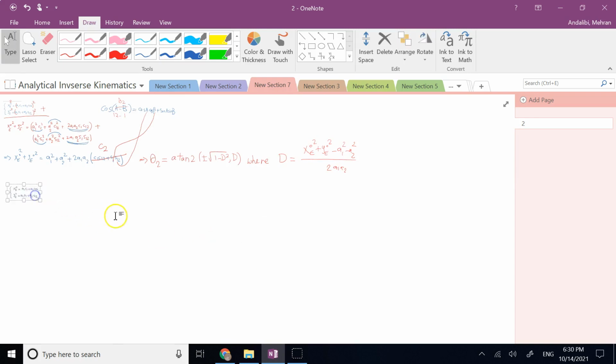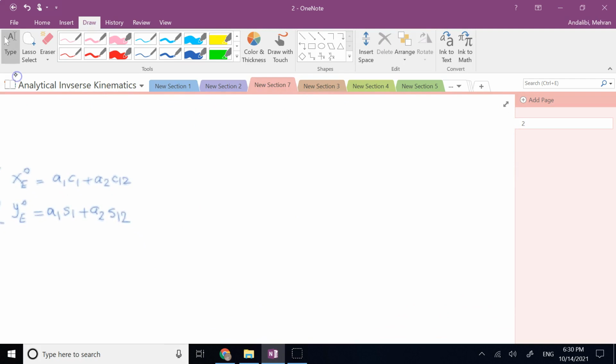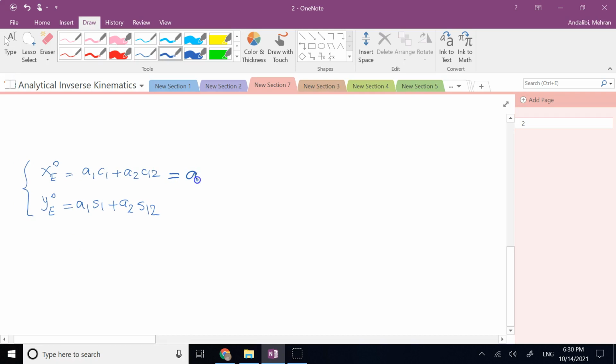This time I'm going to expand them. So if I do that, this is going to be a1 c1 plus a2 times c12, which means c1 c2 minus s1 s2. But theta 2 is known. When theta 2 is known, it means c2 and s2 are known values, so I treat them as constants right now. If that's the case, then I only have a c1 term here and another c1 term here.